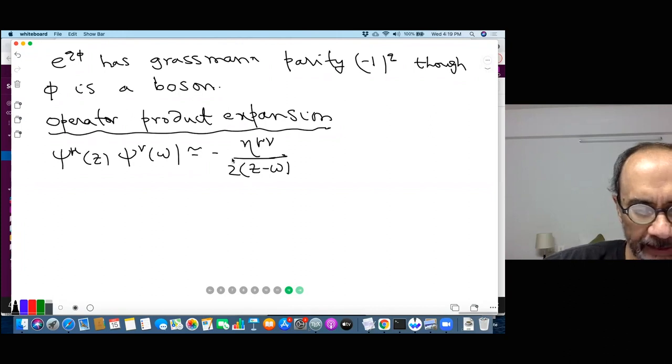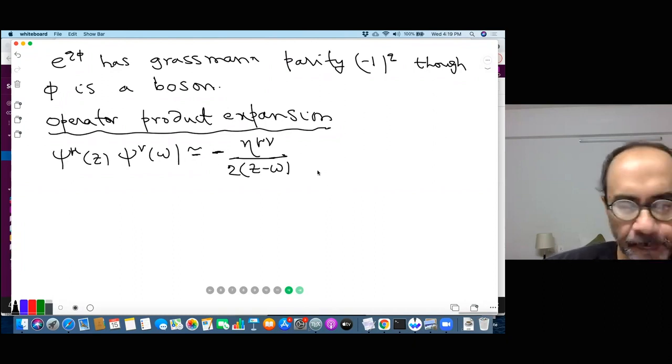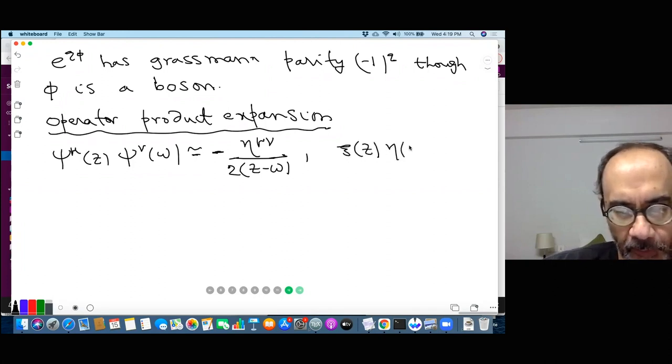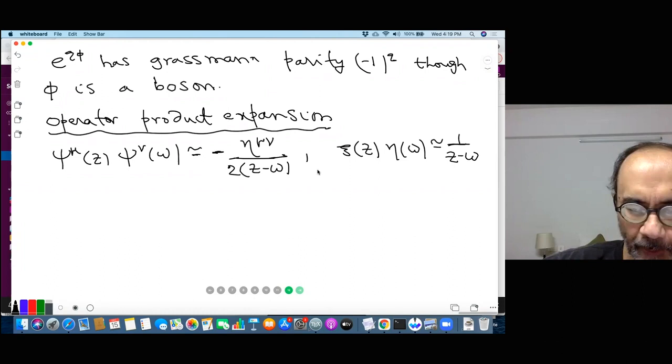A lot of these depend on convention; sometimes you'll not find this factor of two, but that depends on how you normalize your psi. I'll normalize my psi to satisfy this. Then xi of z with eta of w is 1 over z minus w. The xi xi and eta eta operator products vanish.